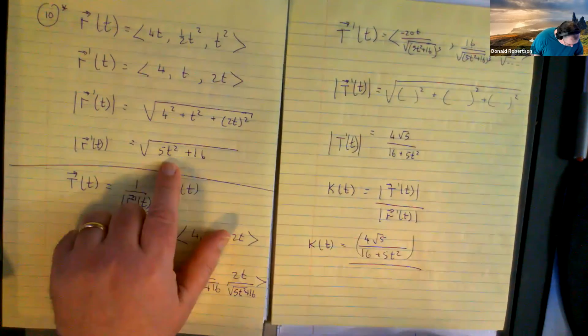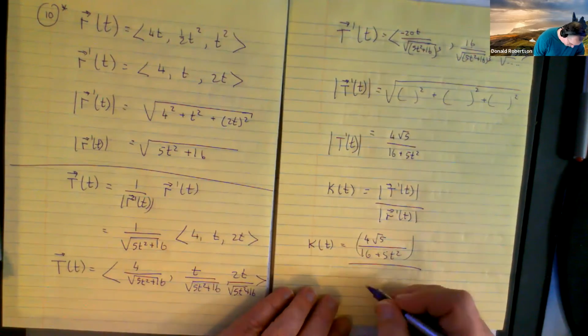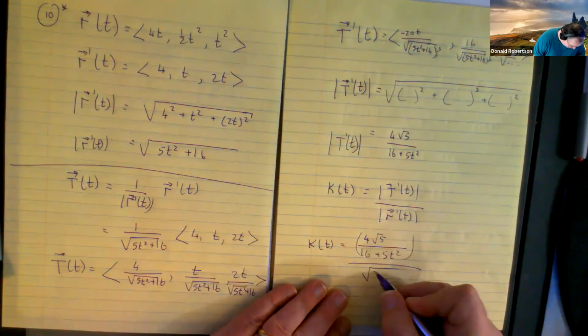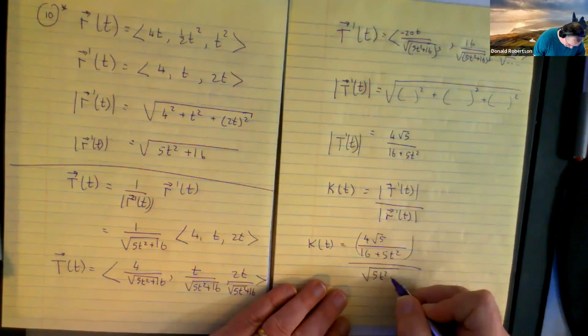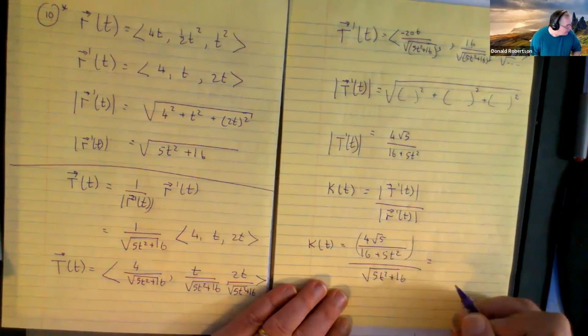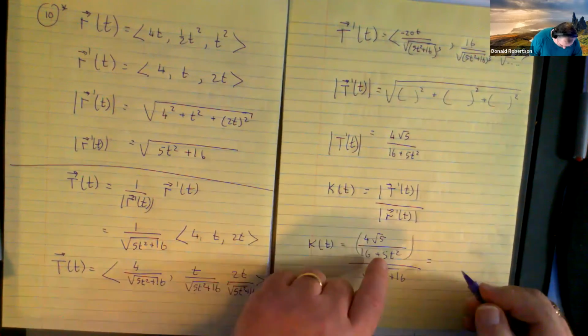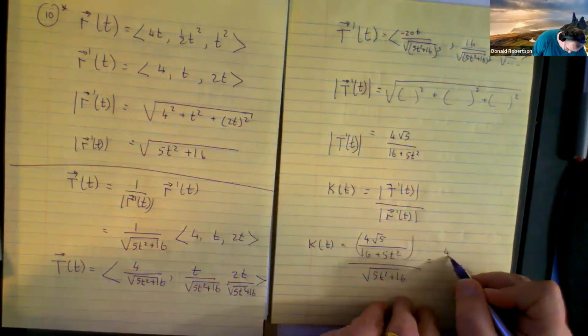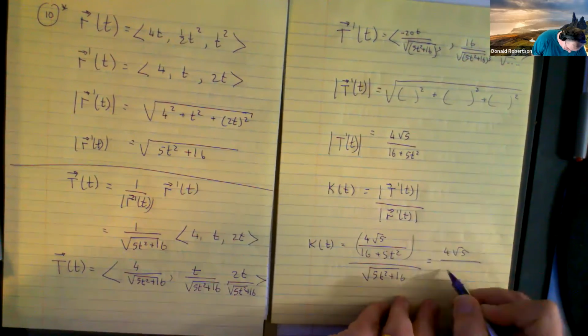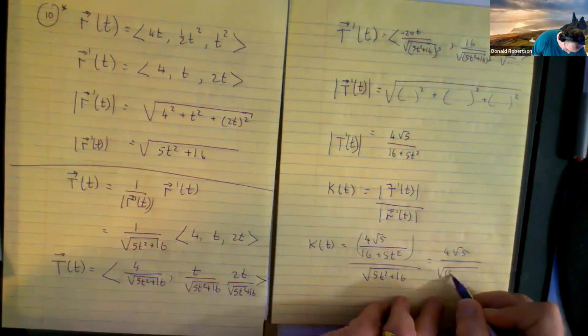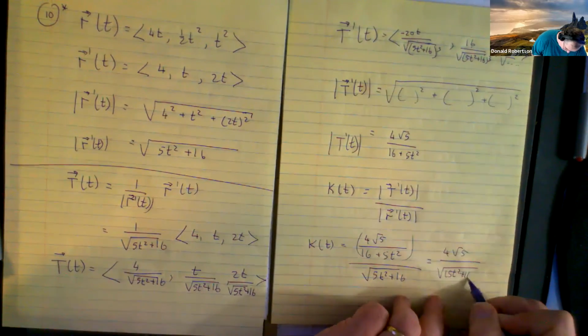And on the bottom, oh, quite a nice looking thing, 5t squared plus 16. If you combine them, basically that joins this. And the answer is this over the square root of 5t squared plus 16 cubed.